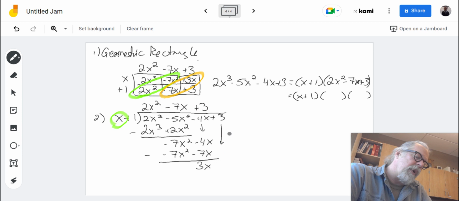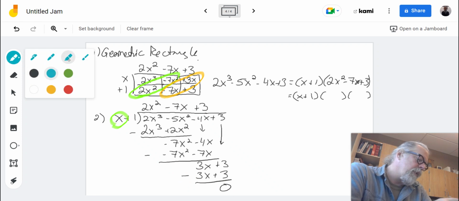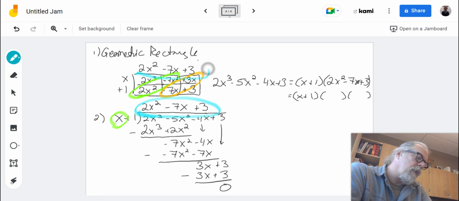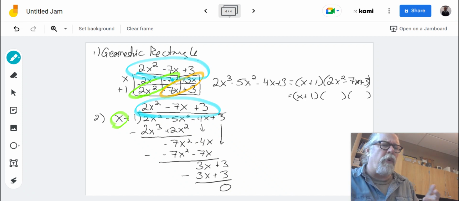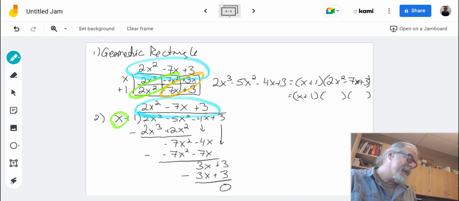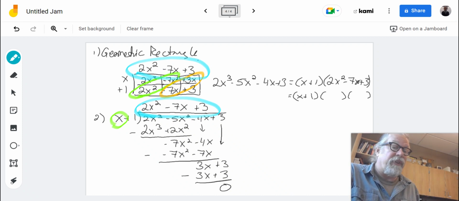I bring down the 3, and multiplying x plus 1 by 3, I get 3x plus 3. I subtract, I get 0. I am done with my multiplication. And notice that my quadratics are the same either way. Whichever way is preferable to you. I'm partial to the rectangle because I just think it's sort of cool.